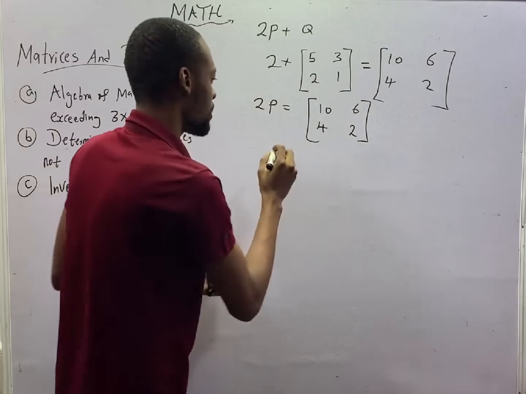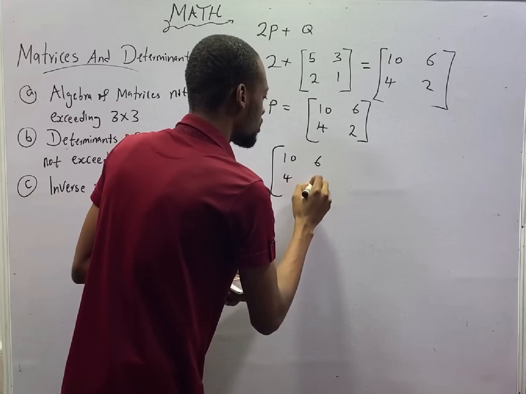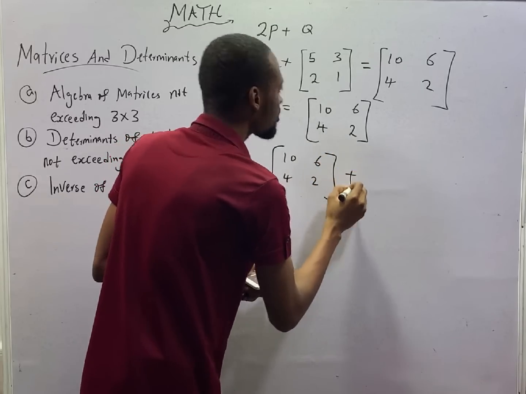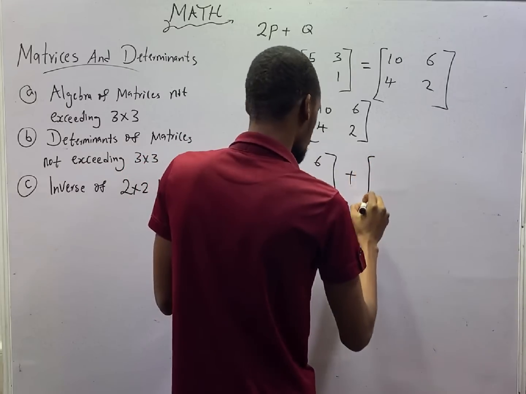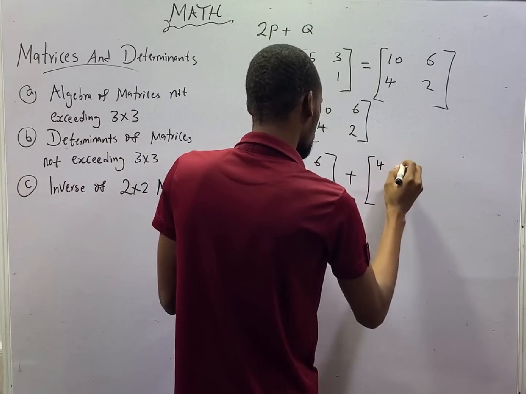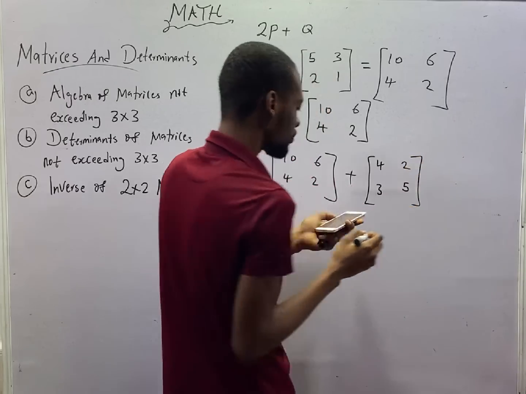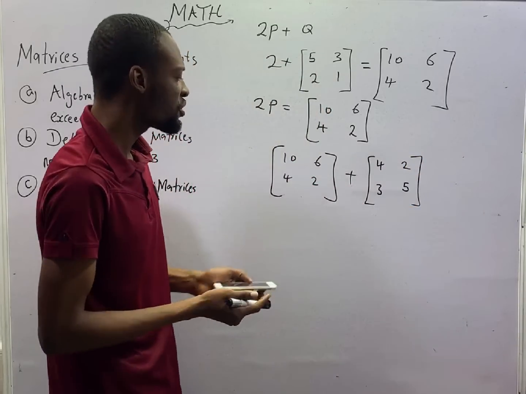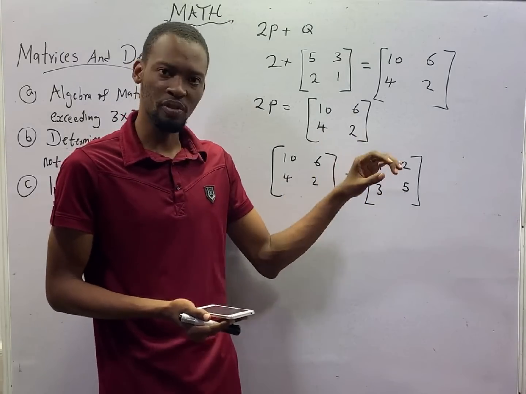This is now 2P, 10, 6, 4, and 2. Let's add Q to 2P. Meanwhile, Q is already 4, 2, 3, and 5. The matrices have the same number of rows and the same number of columns.